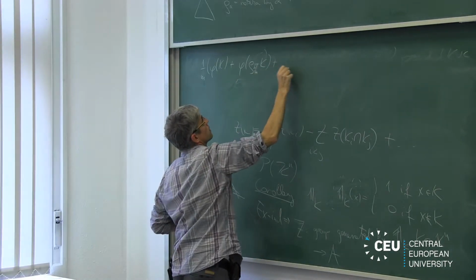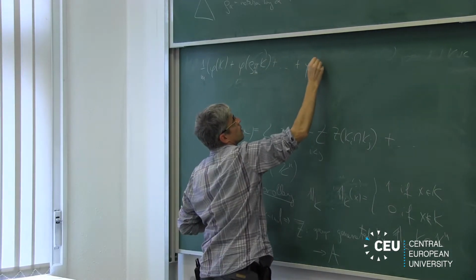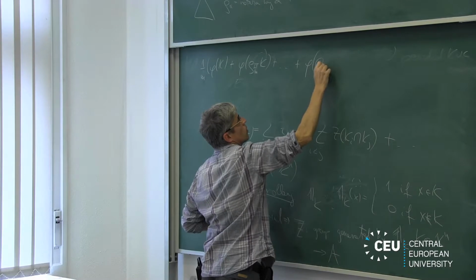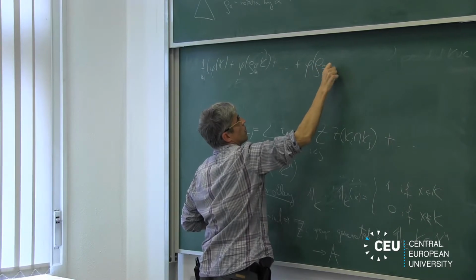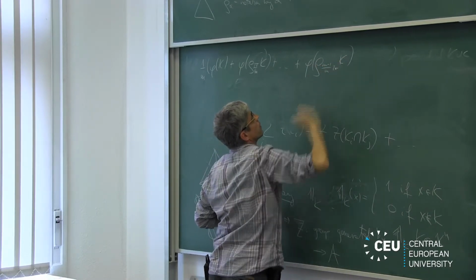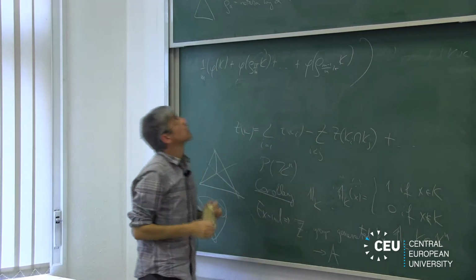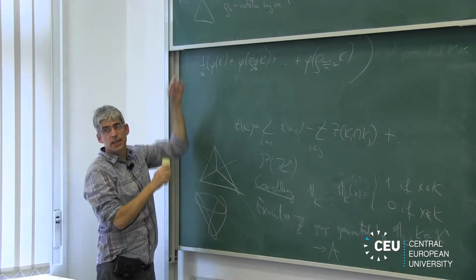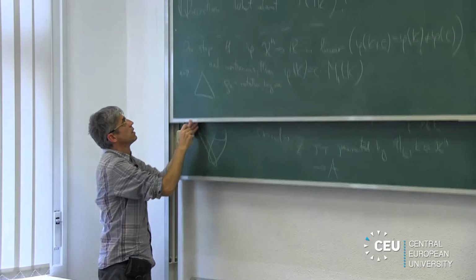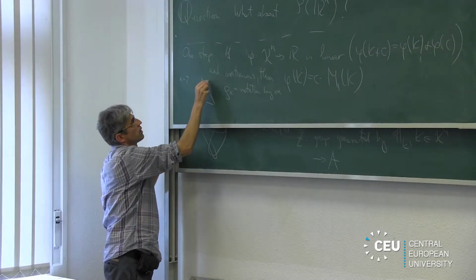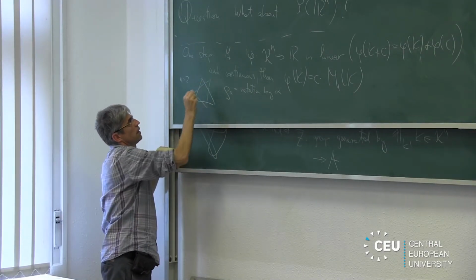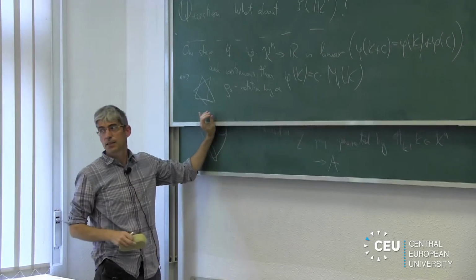plus and so on up to phi of rho m minus 1 over m times 2 pi k. So what you do is you have the triangle, you rotate a little bit, and then you rotate again and again.